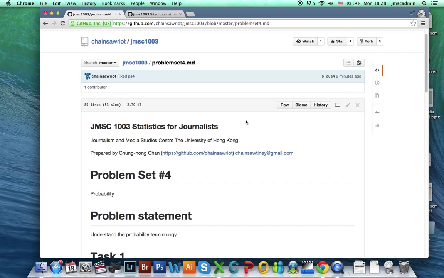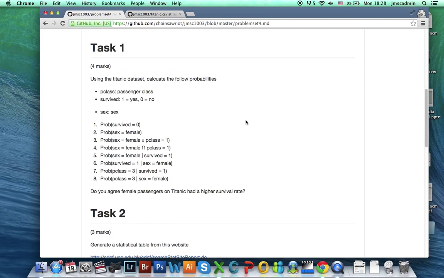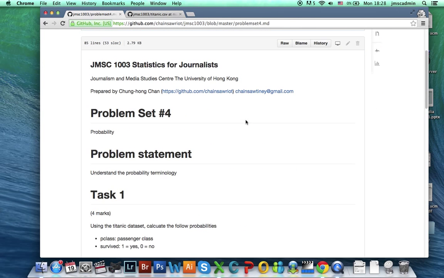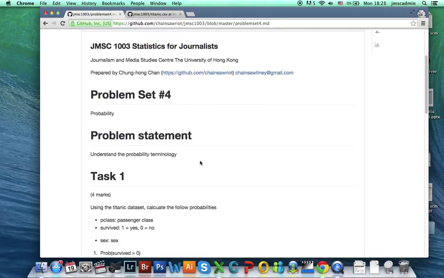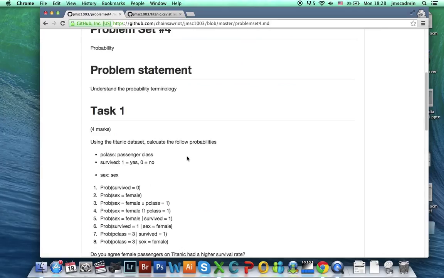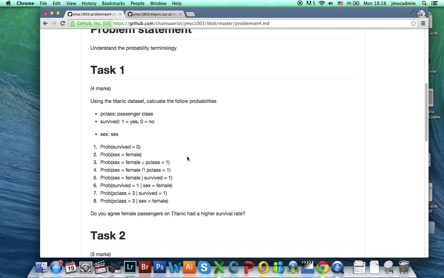So the purpose of this assignment is to let you familiarize yourself with the terminology of probability. I promise you that this assignment is not that difficult.